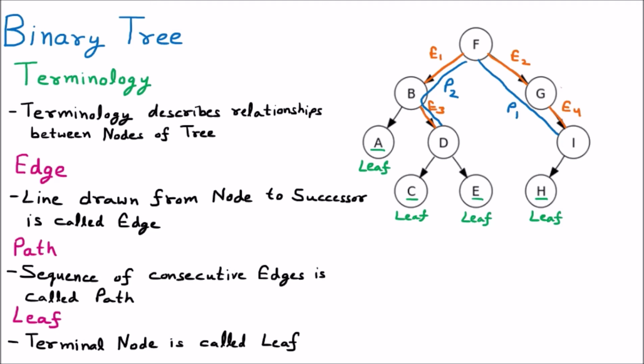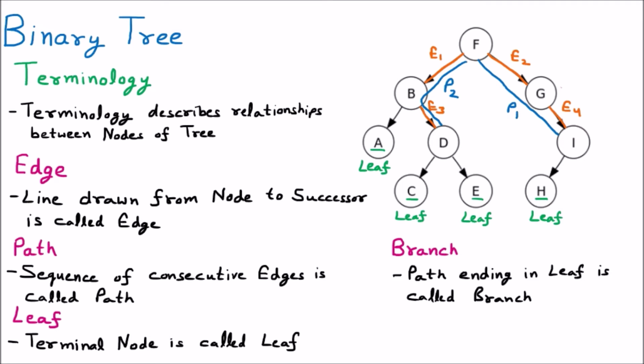And now we are learning the branch. The definition says that a path ending in a leaf is called a branch. So the paths connecting to the leaf nodes are called the branches. If any path is coming and it includes this particular line where the leaf node is coming, this is called the branch.